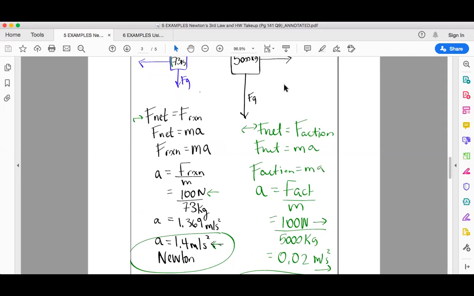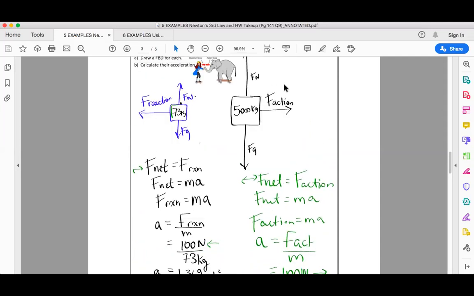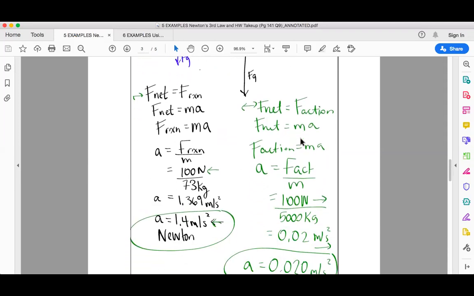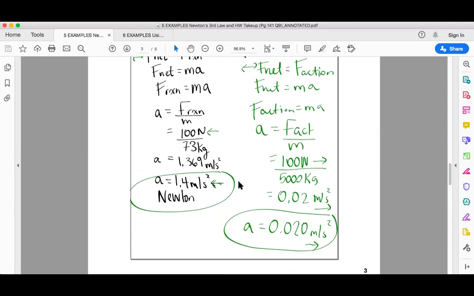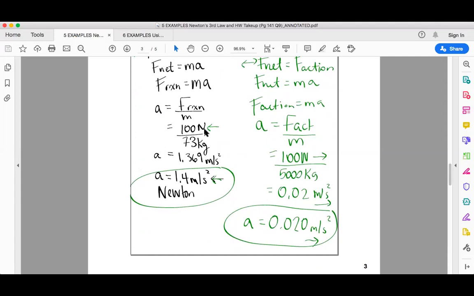Now you might argue that maybe the action force is actually the action on Newton. Who started the fight, the elephant or Newton? Who knows? So the designation of action or reaction, it doesn't really matter which one you call action, which one you call reaction. Noting that you're dividing by a much bigger mass, you get a much smaller acceleration for the elephant.